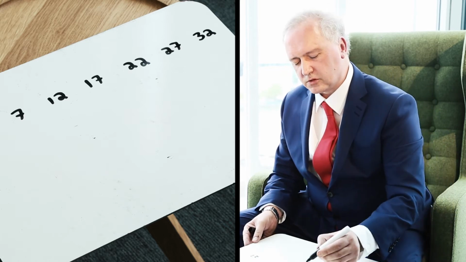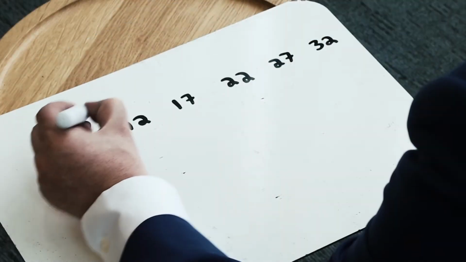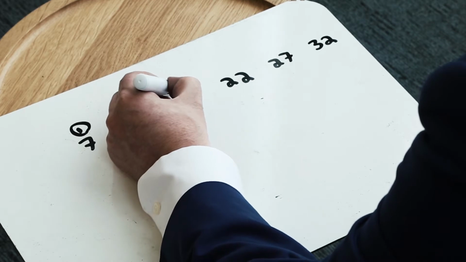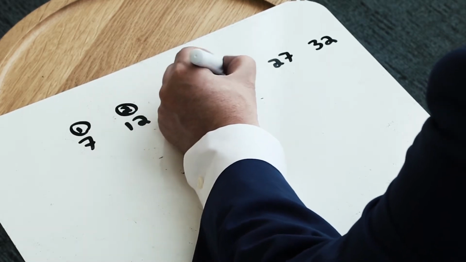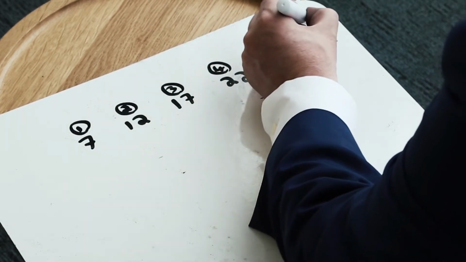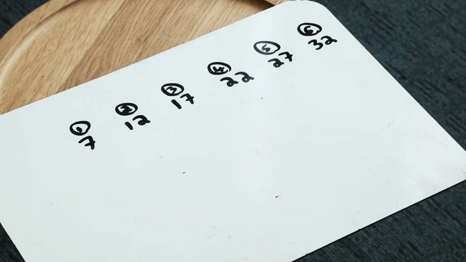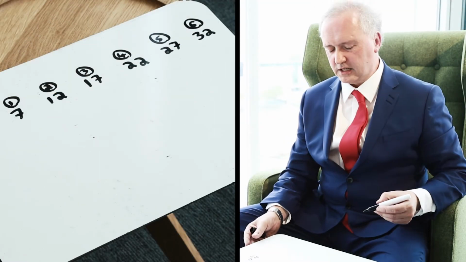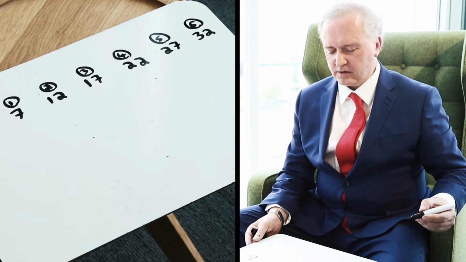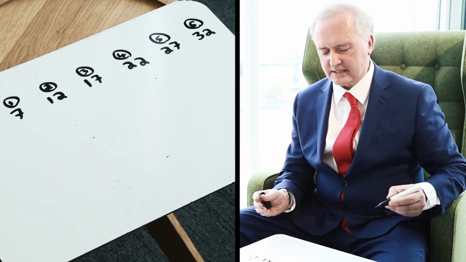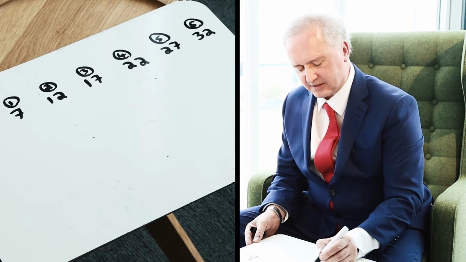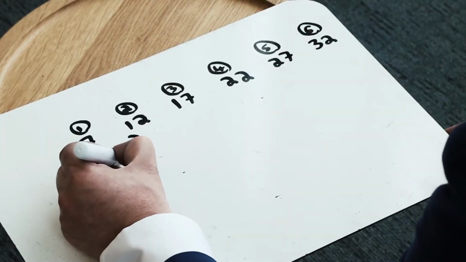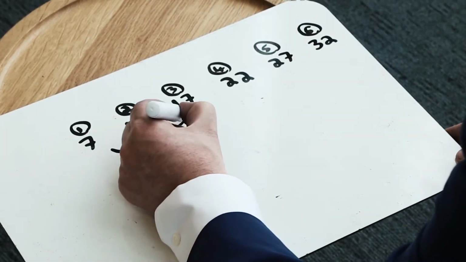So I'm going to start off by putting pattern numbers in a small little circle here. Pattern number 1, pattern number 2, pattern number 3, pattern number 4, pattern number 5 and pattern number 6. So I've now got pattern numbers attached to each of those numbers. I'm now going to construct a series of curvy arrows that represent the jump in the sequence terms.